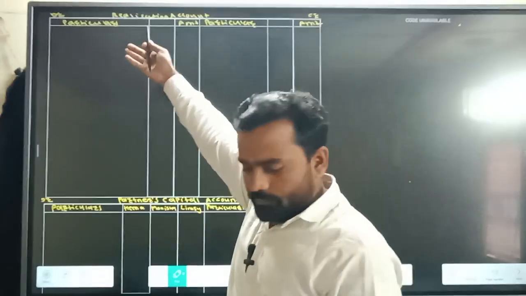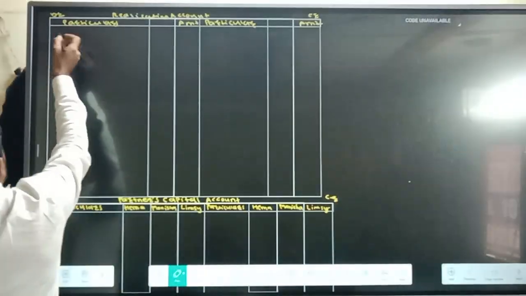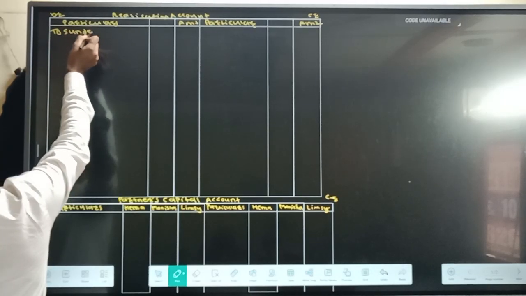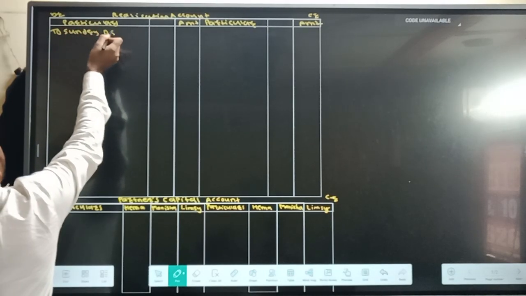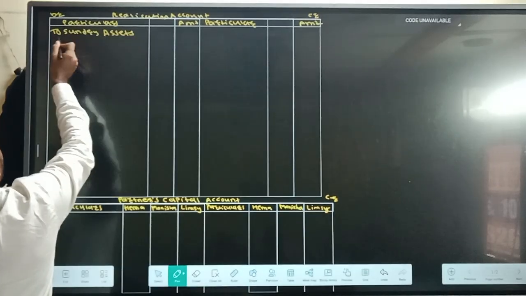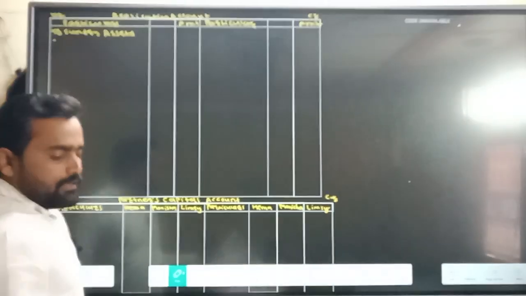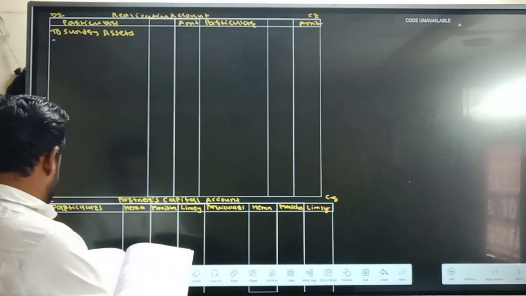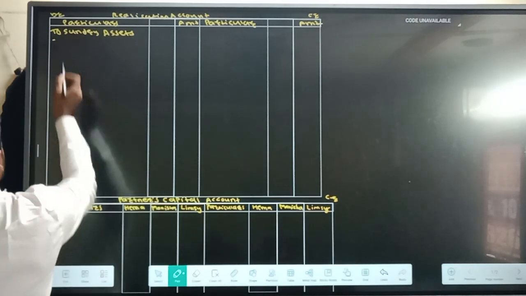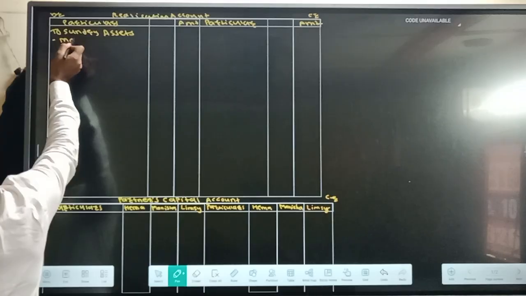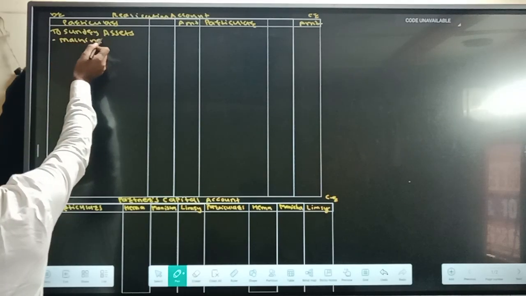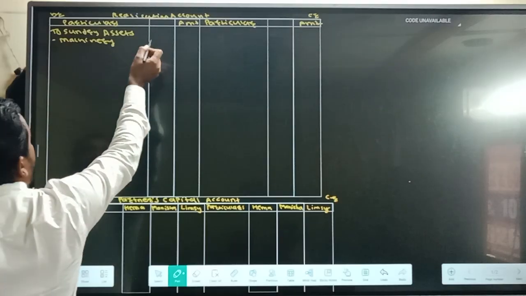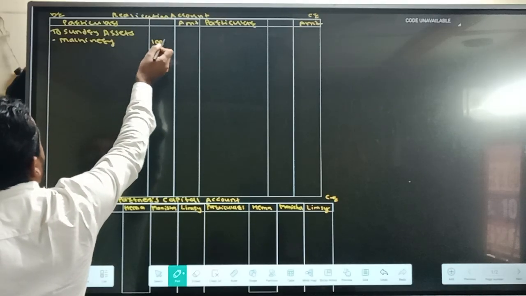Write on the debit side: sundry assets. In the sundry assets, you have machinery and debtors. Machinery amount 1 lakh, write in the inner column.